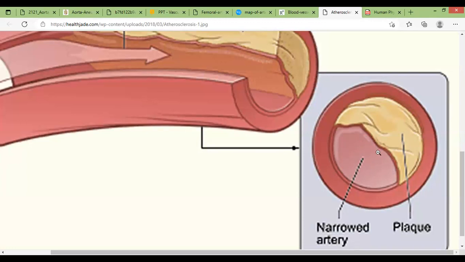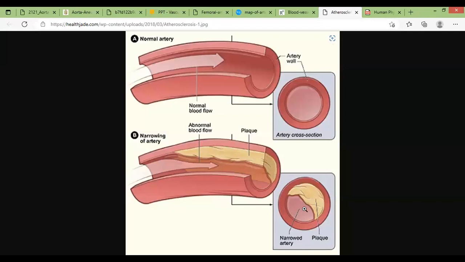Blood supply to the organ this vessel is supposed to be serving is impaired, leading to ischemia, essentially leading to heart attack and stroke.